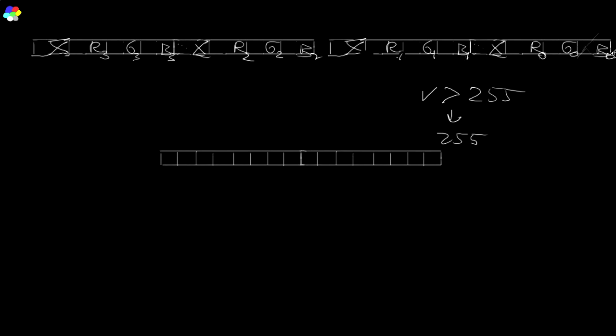If the value is greater than what can fit in a byte, it's just set to the maximum that can fit in a byte. That's what saturation is. And if you had signed, then it would also go in the opposite direction. If it was less than the minimum that could fit in a byte, it's set to the minimum.